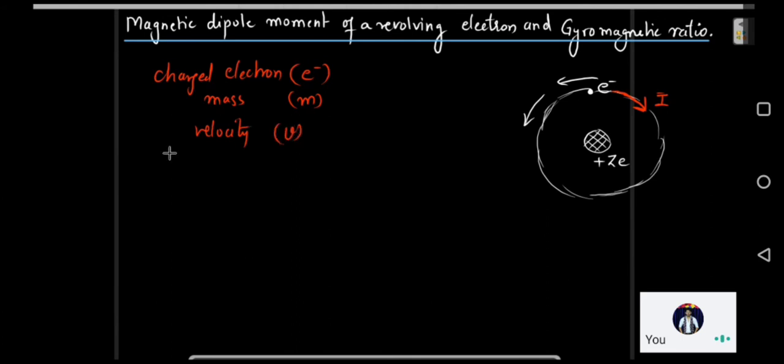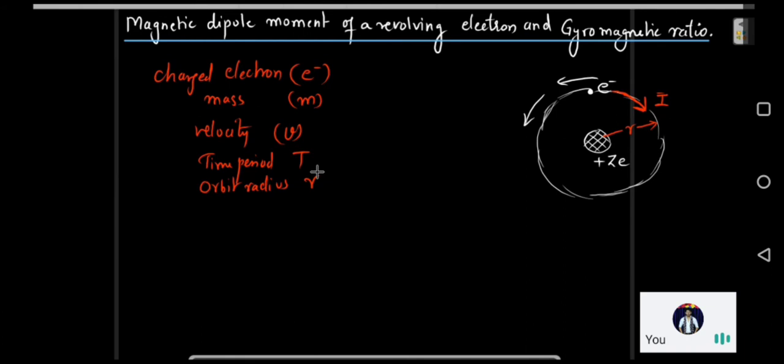It's revolving with a velocity of v, and the time period of this electron, that means the time taken for one complete revolution, let's say, is capital T. This particular atom has a central heavily positive charged nucleus, and the orbit radius, let's say, is r.